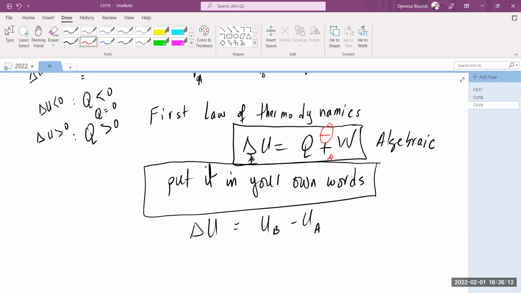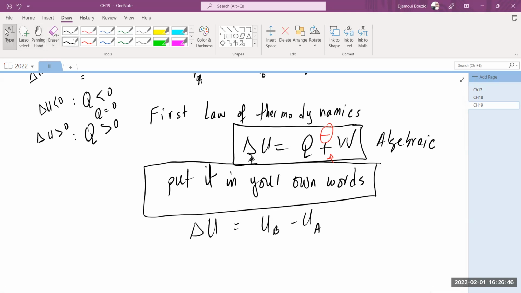Sometimes even in the lab you might find a minus because they're assuming that W is going to be negative, and it really doesn't have a good explanation. No matter how much I tried to justify it in the past, I abandoned it and went to the standard definition of the law. So the law says, if you want to add energy to the system, all you have to do is either add heat to it or do work against the gas. That's it.